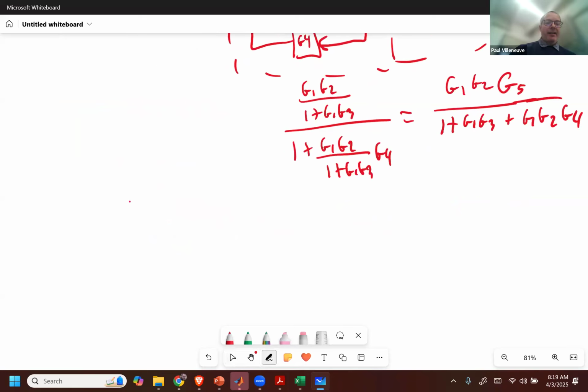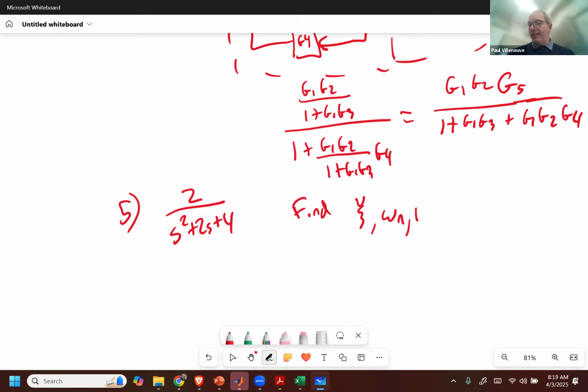All right, number 5, which may have been the second easiest problem on here. I said, given a transfer function, find zeta, omega sub n, and omega sub d. Well, this characteristic equation has to look like our second order approach.